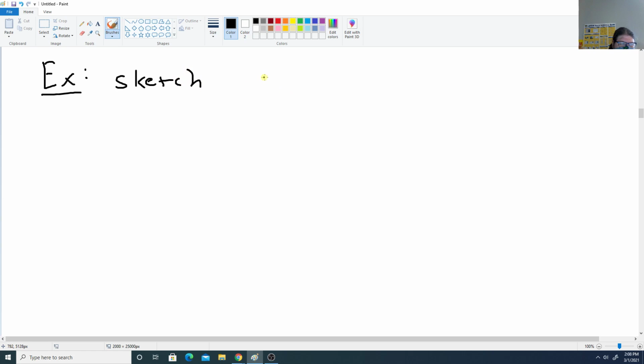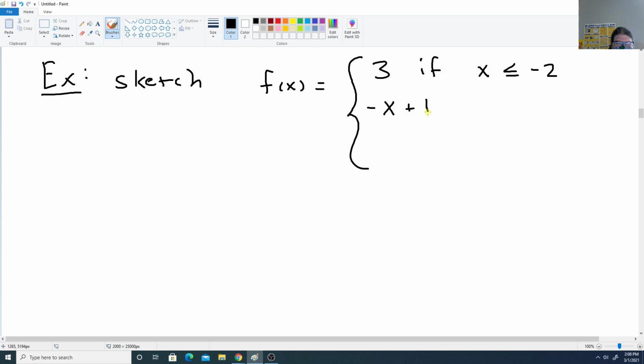So we'll sketch f of x equals, a function that is 3 if x is less than or equal to -2, negative x plus 1 if x is between -2 and +2, and then x cubed if x is greater than or equal to +2.